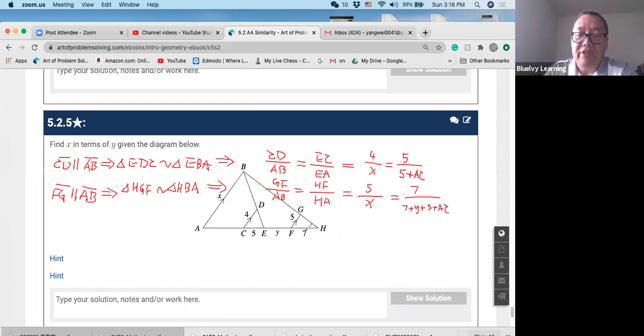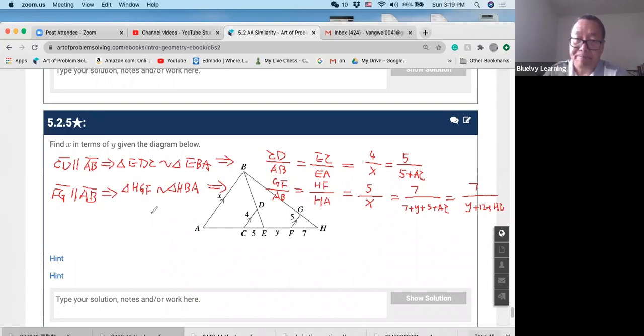So HA equals 7 plus y plus 5, then plus AC. Then we can simplify that to 7 over y plus 12 plus AC. So by these two pairs of similar triangles, we can get this.